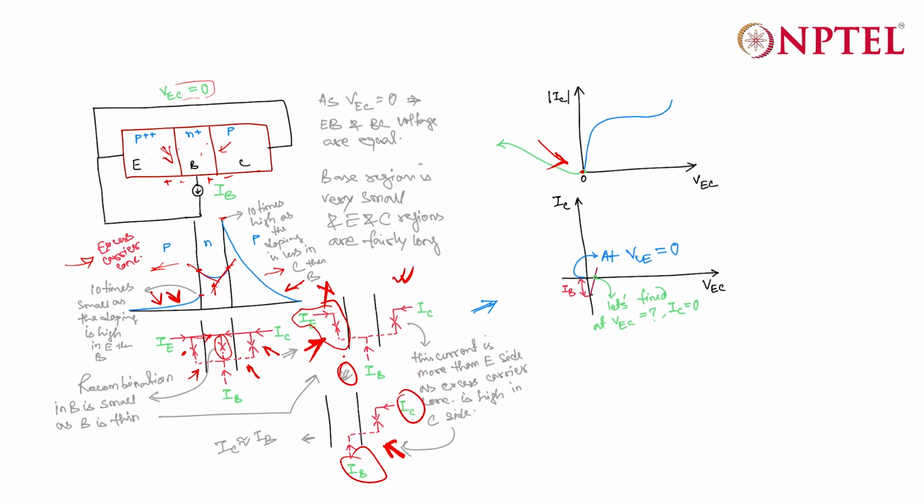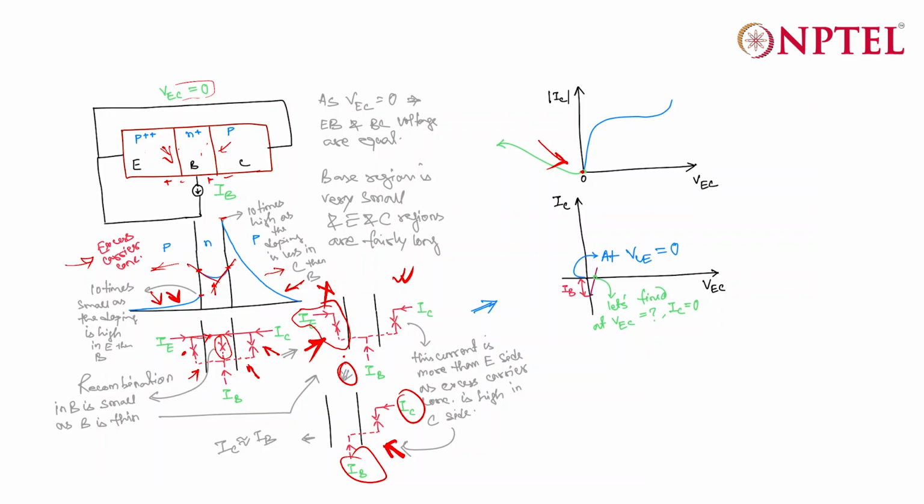However, if you look at the output characteristics, you will see that the plot starts from VEC equal to 0 and the current there is positive, but in practice you will find that at VEC equal to 0, or VC equal to 0, the current is not actually positive.